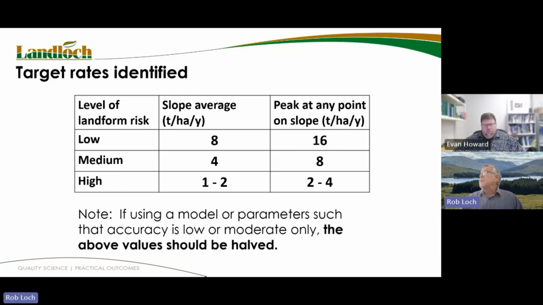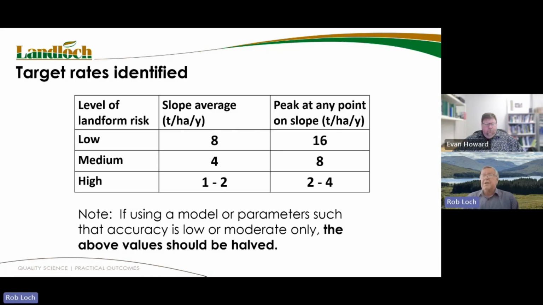The second point to be interested in is that we've put in not just a slope average erosion rate, but we've also included a maximum peak erosion rate at any point on a slope. And the reason for that is if we're concerned about initiation of rills and gullies, average erosion rates alone really don't tell a useful story.